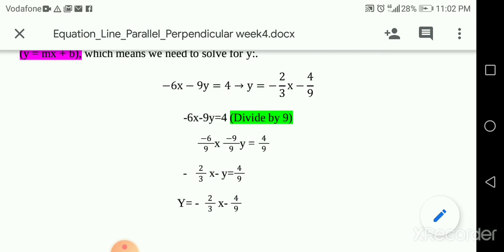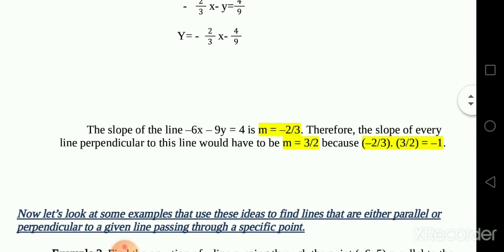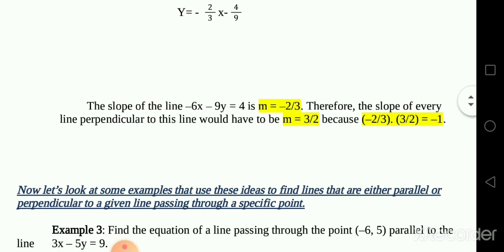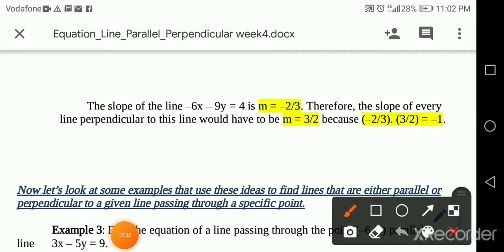Let's see together. The slope of the first line for this equation is negative 2/3. So the slope of every line perpendicular to it is m2 equals 3/2.